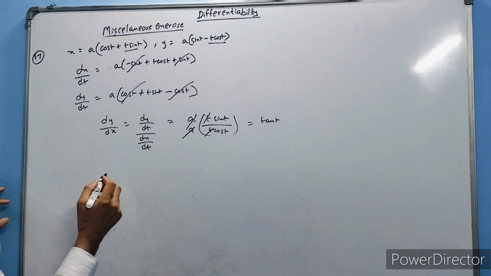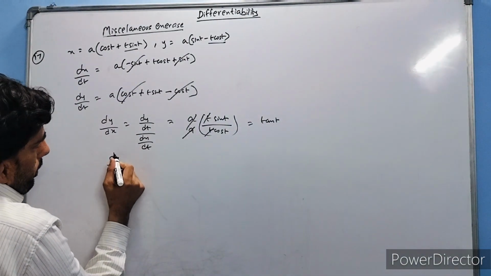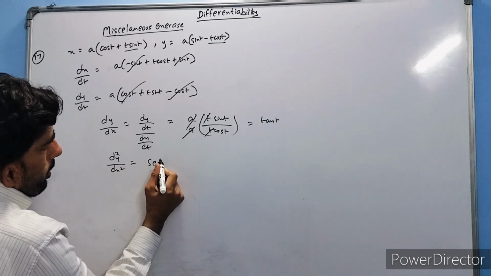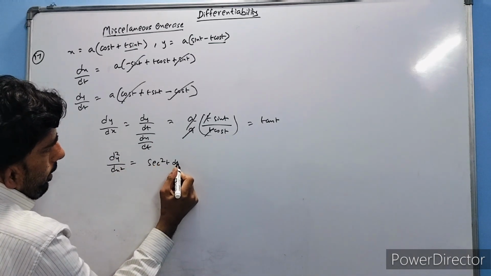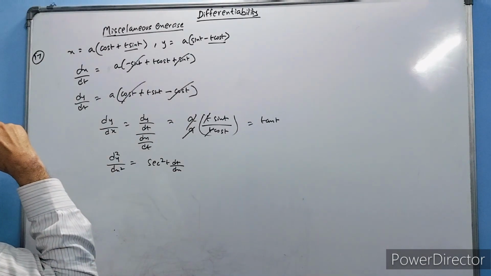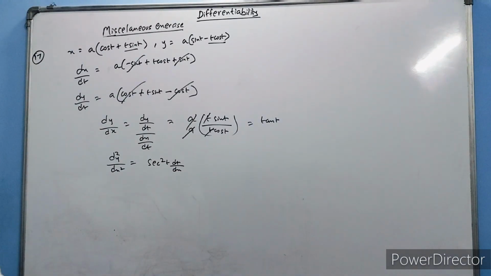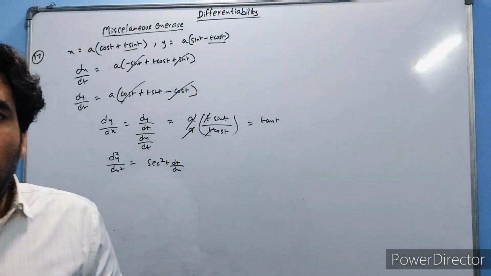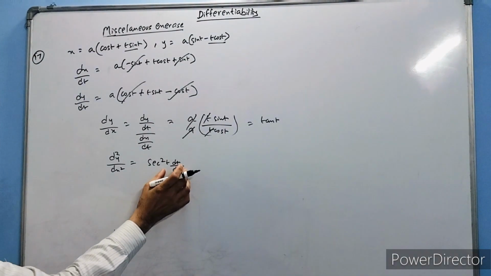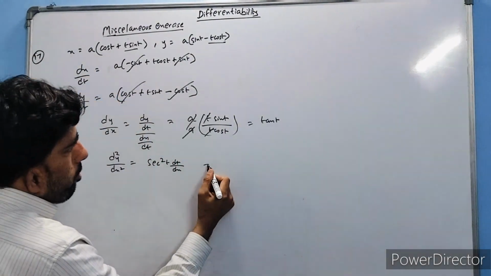Now we'll try to find d square y upon dx square. It will be sec square t into dt upon dx. That is how we differentiate the given function. Now we find the value of dt upon dx from here and put it.